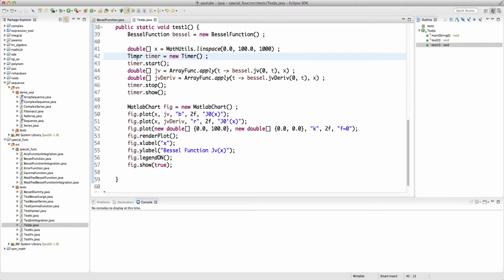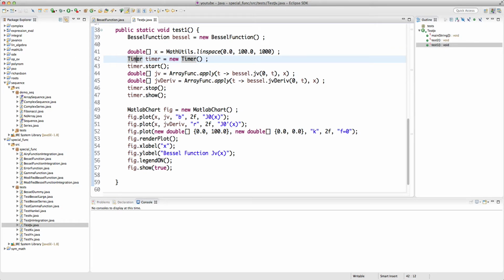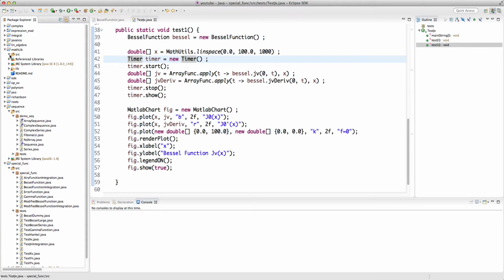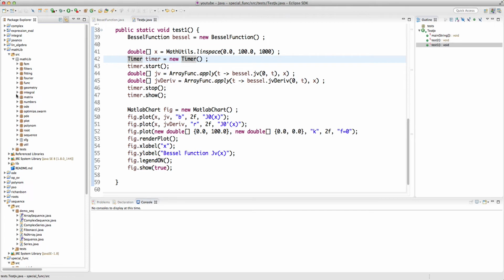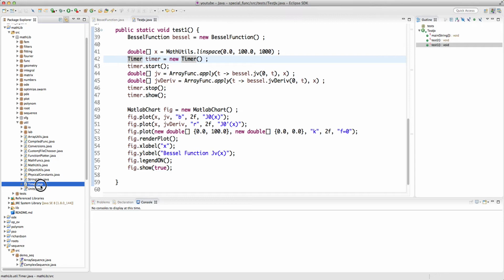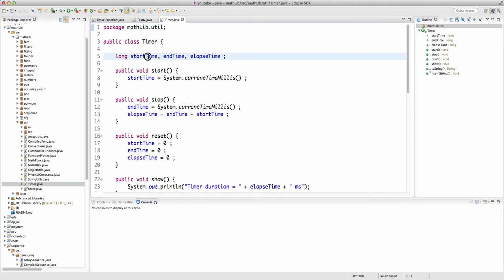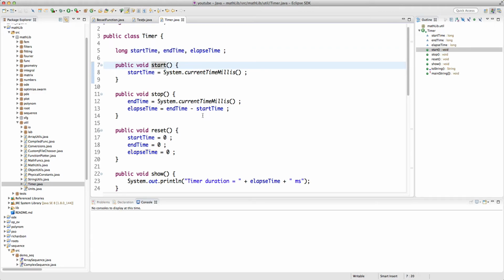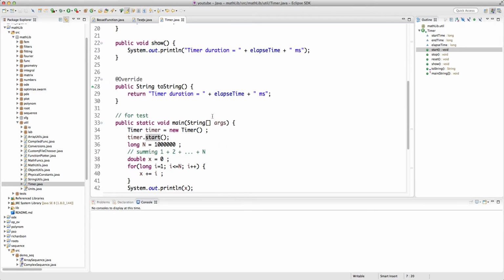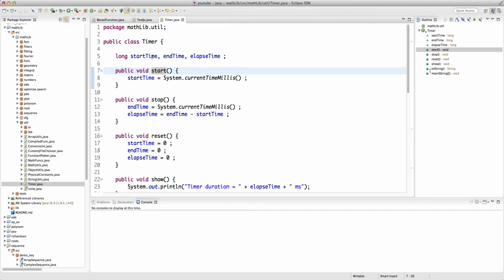By the way, about this timer, I'm using this timer from my MathLib class, which you can just download from GitHub. It's in the util, and it's very simple. It has a start time, end time, and elapsed time. So when you create the timer, they all start from 0.